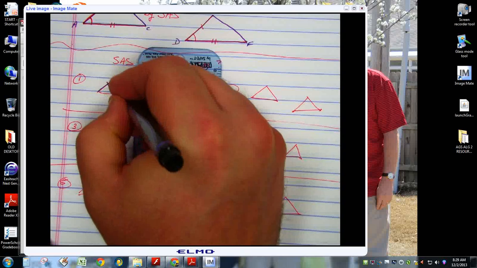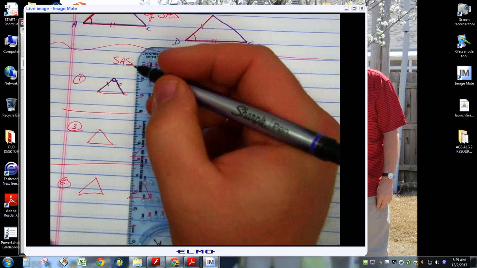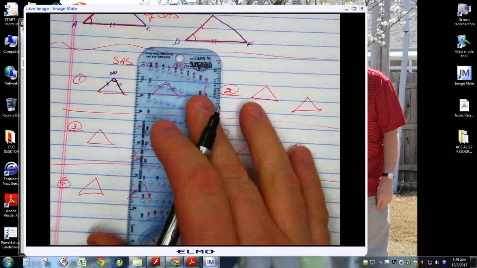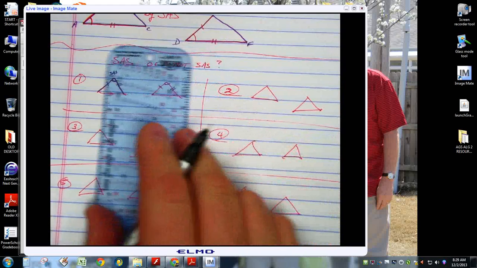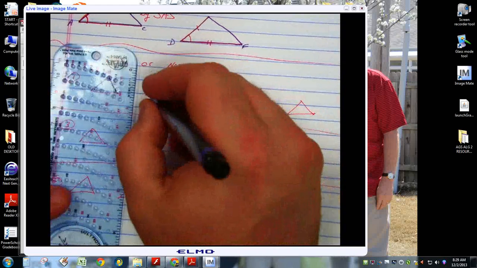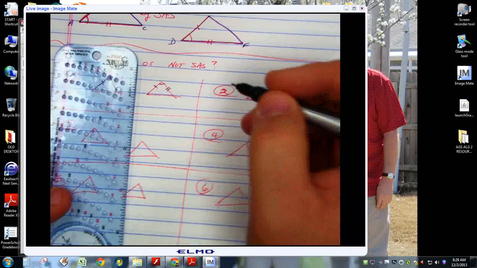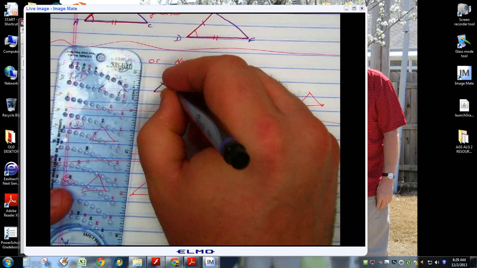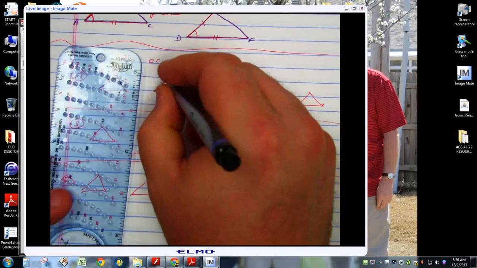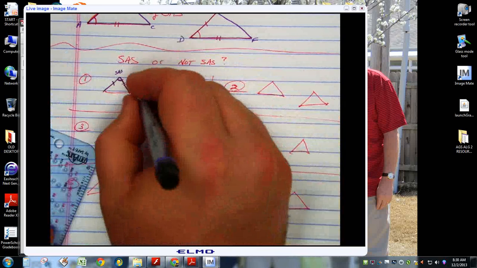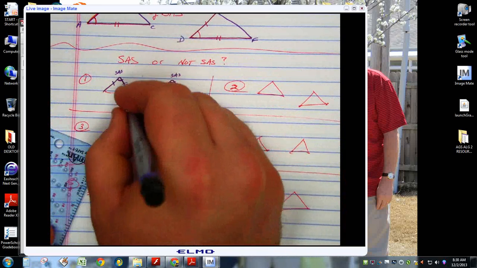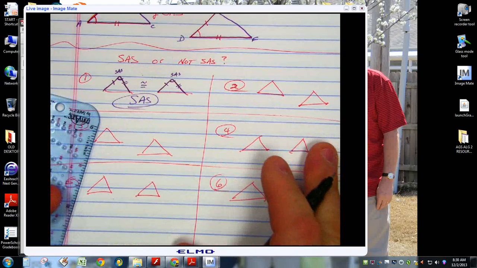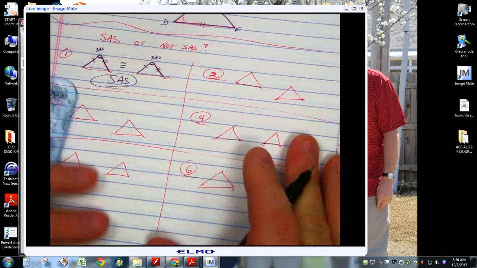Do I make the angle that's congruent? So is this one side angle side? Yes. But both of them have to be side angle side, so you've got to make sure this one is too. I've got two sides congruent, correct? Yes. Draw the two sides congruent. Do I draw the angle that's congruent? Yes. So I have side angle side for both, so they are congruent by what? Here I have side angle side. Easy enough? Yes. Go on to the next one.